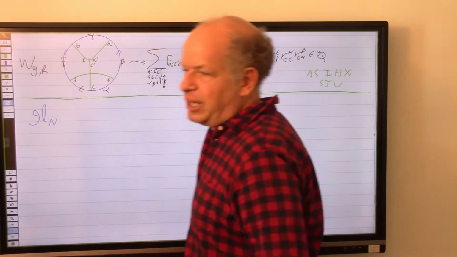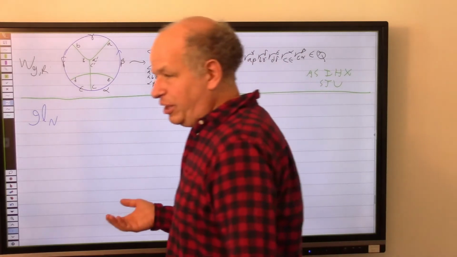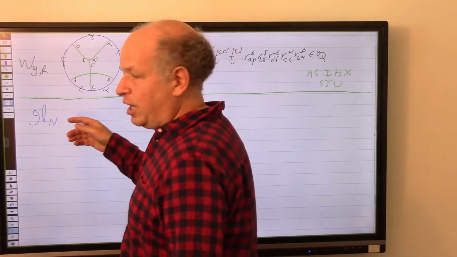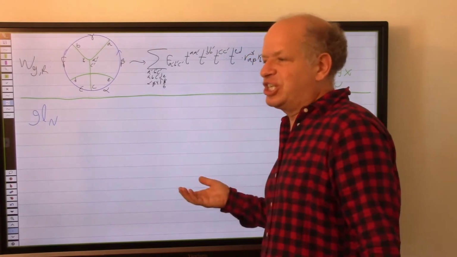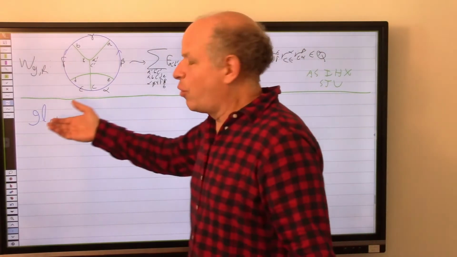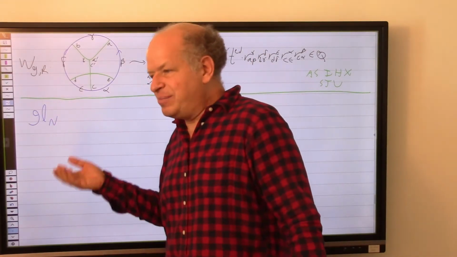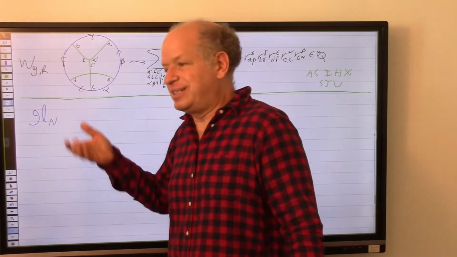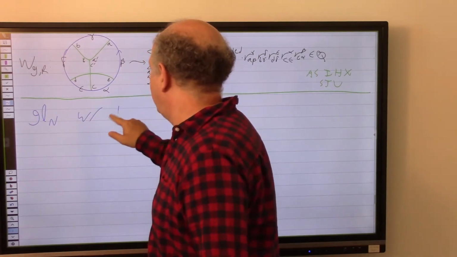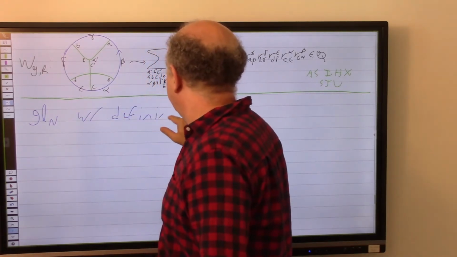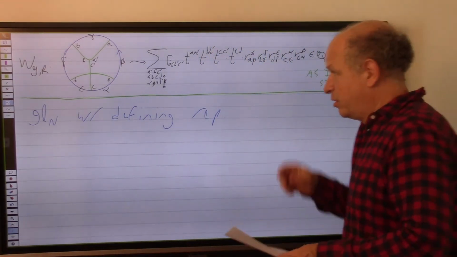The Lie algebra GLN, which is just the Lie algebra of all n by n matrices, with the most obvious representation, namely the n-dimensional representation, namely the way GLN acts on an n-dimensional vector space, namely each matrix is represented by itself. Okay? So GLN with the so-called defining representation.